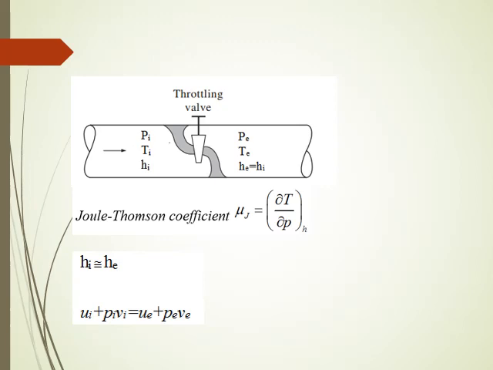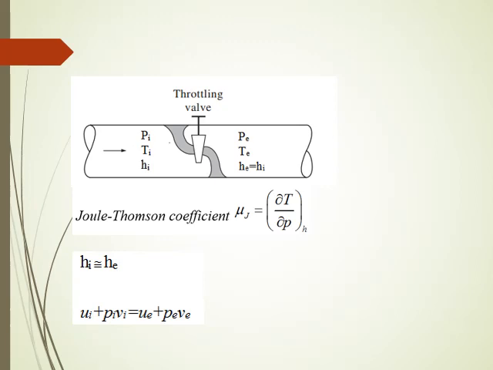Joule-Thomson coefficient. Now, what is the Joule-Thomson coefficient? You can see that in the case of a refrigeration system, pressure drop is accompanied by a large drop in temperature, and that is why they are used in refrigeration systems.